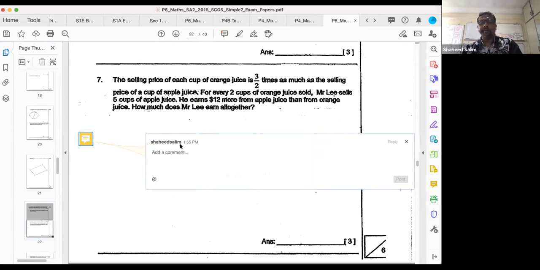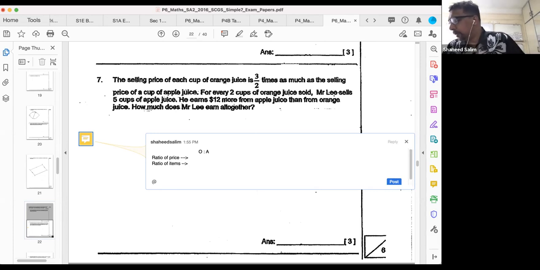Don't give up, huh? Must be able to fill up this one first, huh?